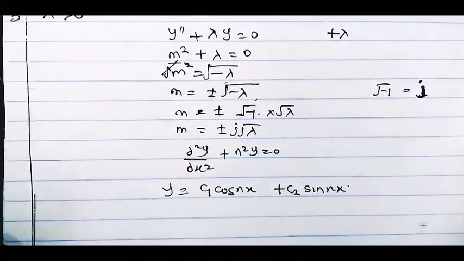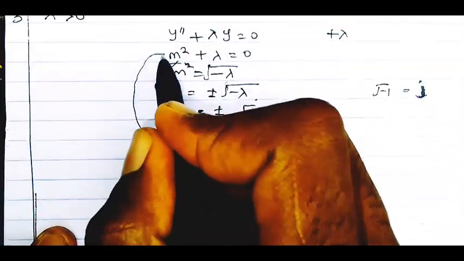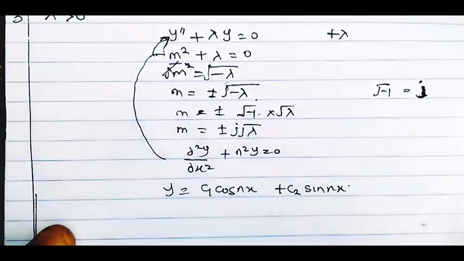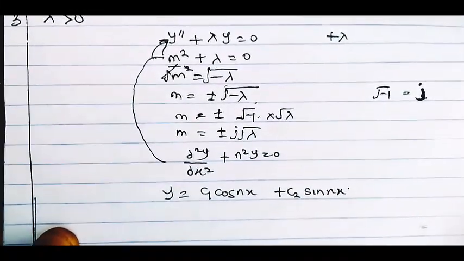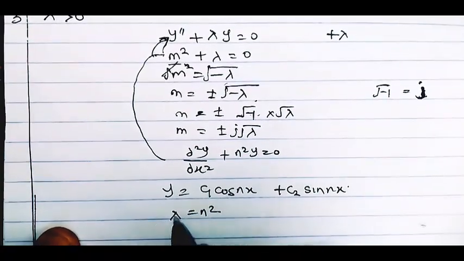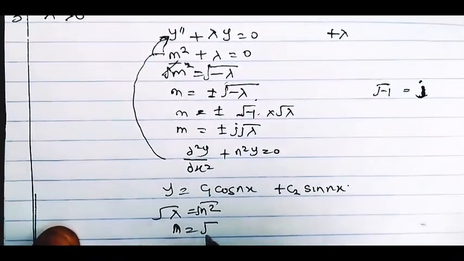So we don't actually need to go through all those steps, since this equation matches perfectly to my general Sturm-Liouville equation here. I just need to substitute for n. Comparing the two equations, lambda is equal to n squared, right? Square rooting both sides, my n is equal to square root of lambda.